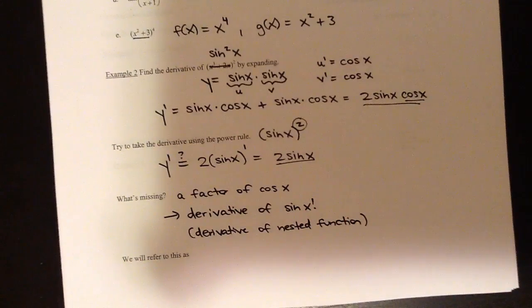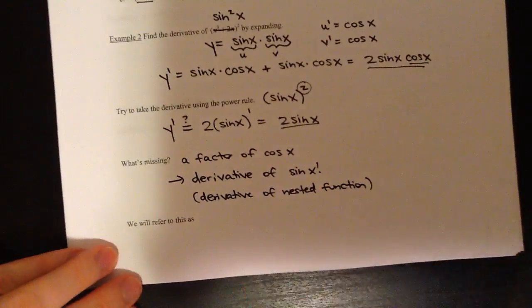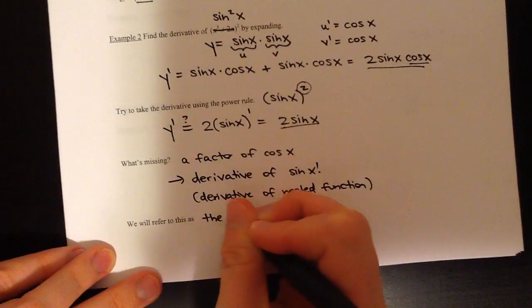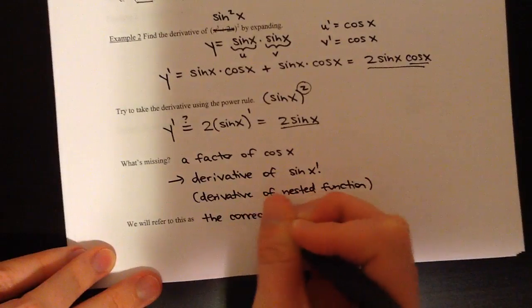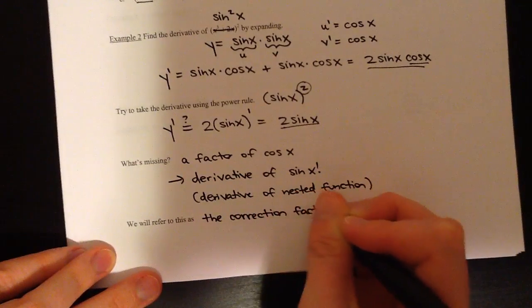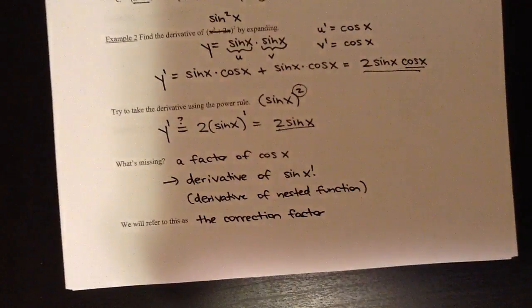We're going to call this the correction factor. So the correction factor, again, is the derivative of the nested function, or the derivative of the inside function.